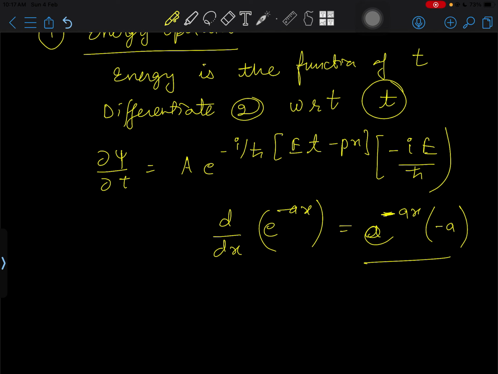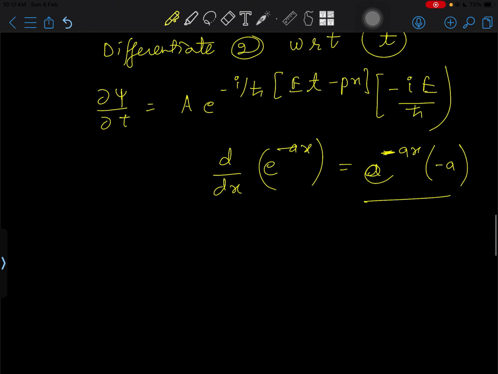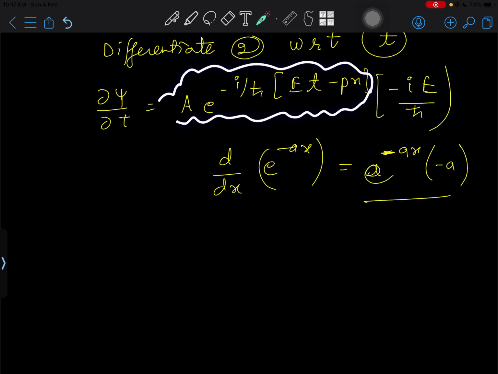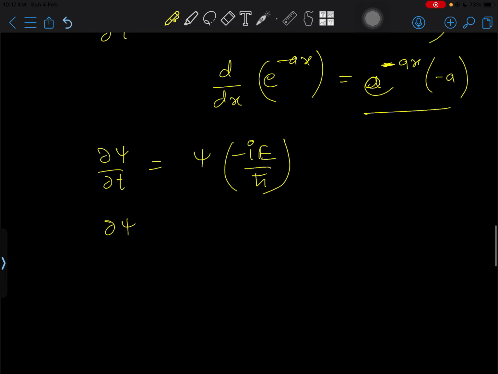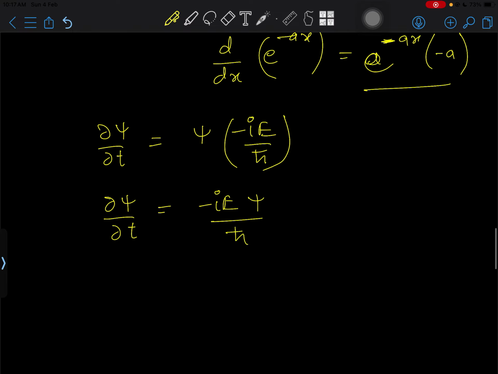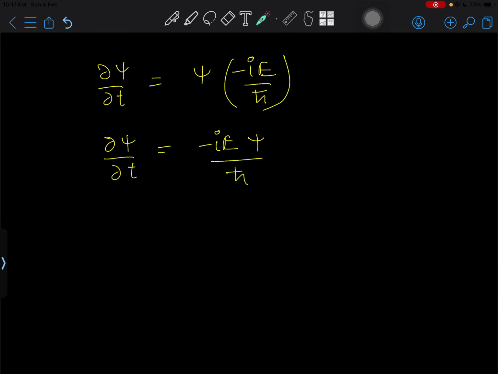The first part is the psi itself. So we can write del psi over del t is equal to psi times minus i E over h cut. So we can rearrange: del psi over del t is equal to minus i E psi over h cut. So from here we can get the expression for the energy operator.